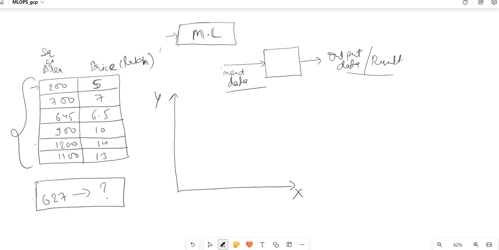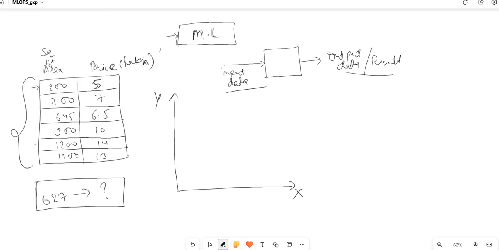So whatever we have to predict, whatever result or output we want, should be on the y-axis. Here, what do we want to predict?